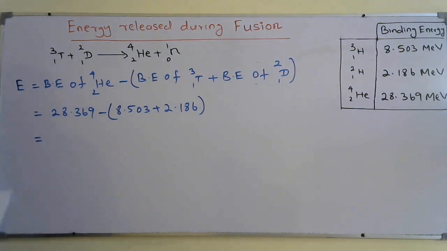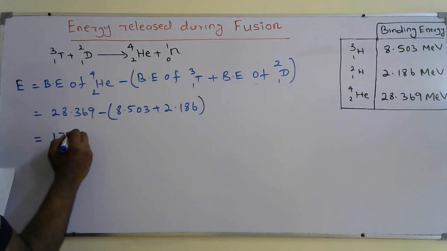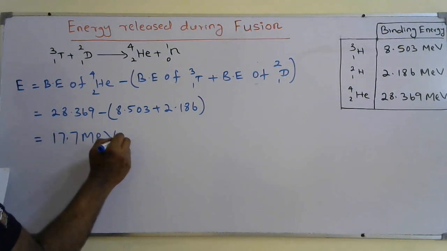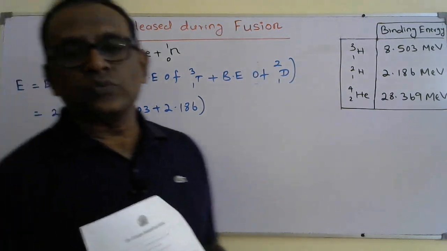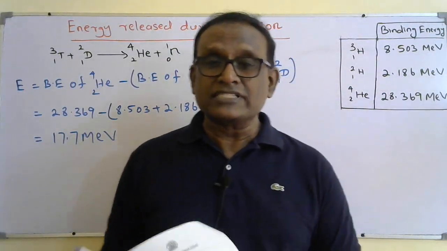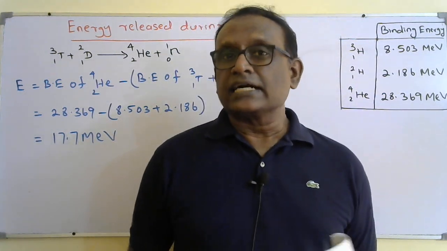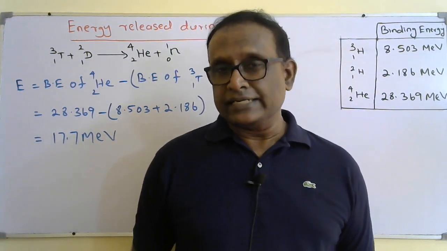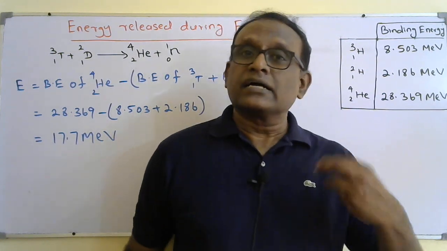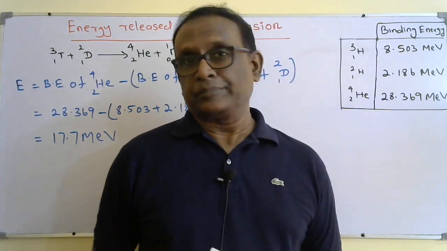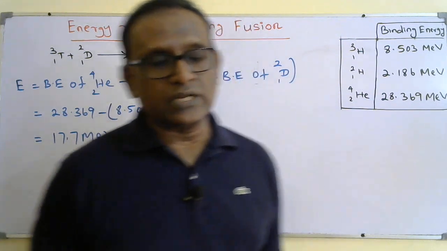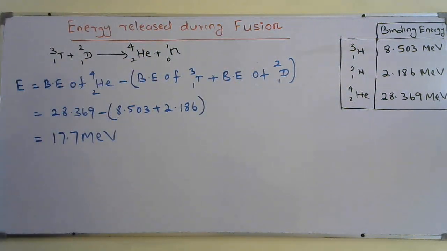Solve it, you'll get exactly 17.7 mega electron volt. Same thing we got in the first method, where we used the mass deficit approach or mass energy equivalence. We don't need to consider the kinetic energy of deuterium and tritium due to the temperature, it's much smaller. Okay, this is the second method. B.E. stands for binding energy.